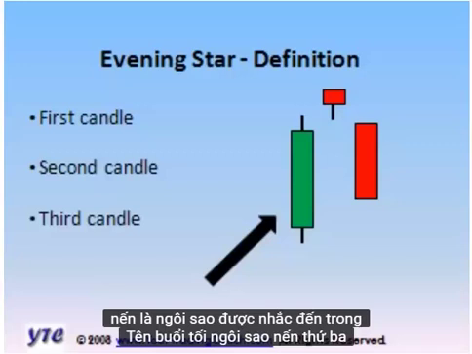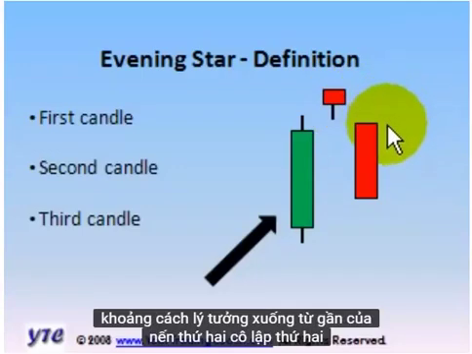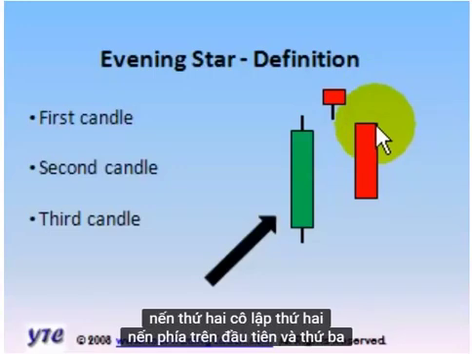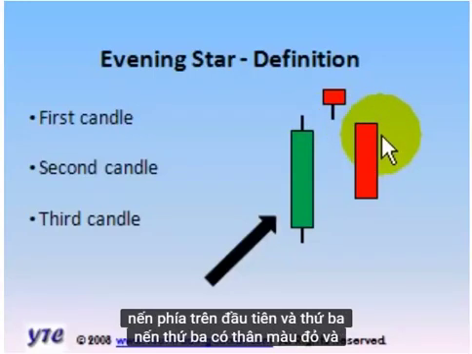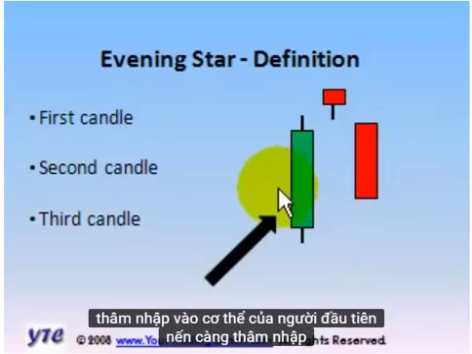The third candle ideally gaps down from the close of the second candle, isolating that second candle above the first and the third. The third candle has a red real body and penetrates into the body of the first candle.